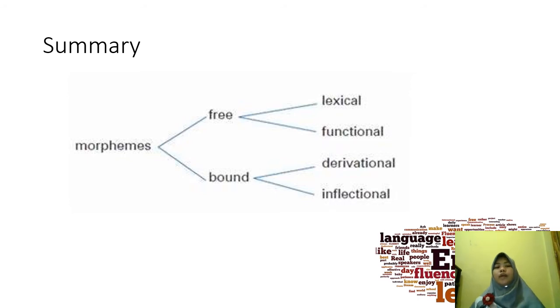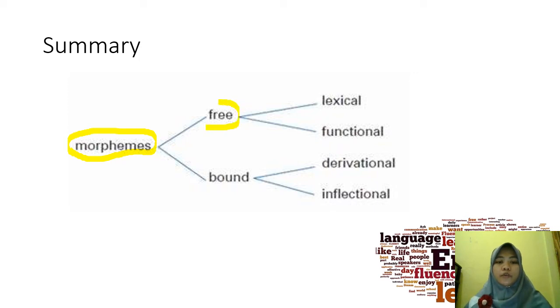Okay, as the summary, in our first course of morphology we are talking about morphemes. Morphemes are the smallest meaningful units in linguistics, and morphemes are divided into free morphemes and bound morphemes. Free morphemes can stand as a word, while bound morphemes cannot stand as a word.